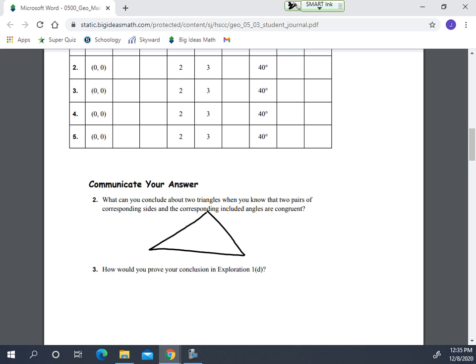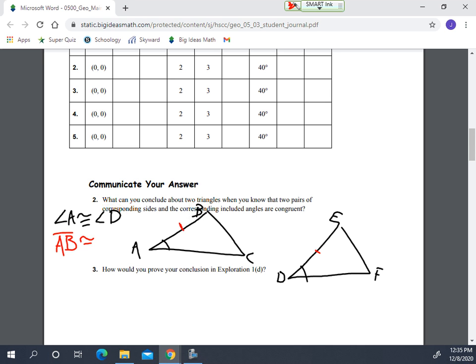Okay, so if we have a triangle right there, ABC, I just made a triangle. And then we have another triangle, and imagine these are congruent. We have D, E, and F. Let's say angle A is congruent to angle D. And then let's say AB is congruent to DE.